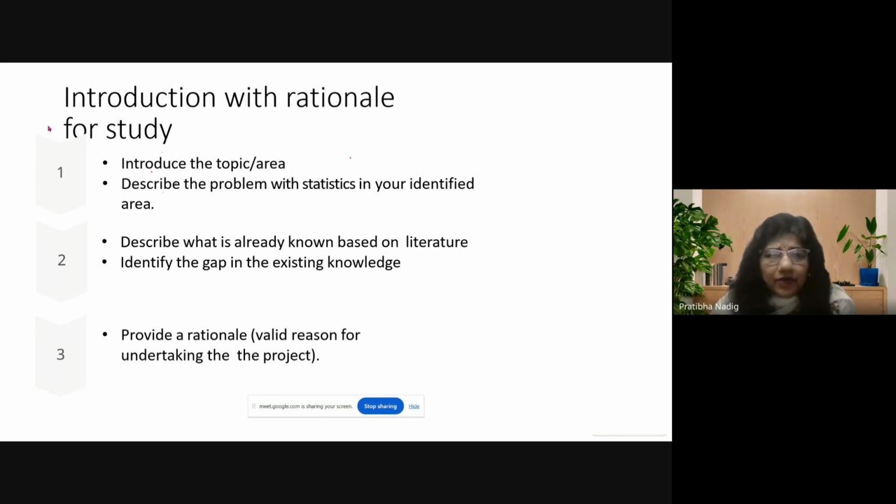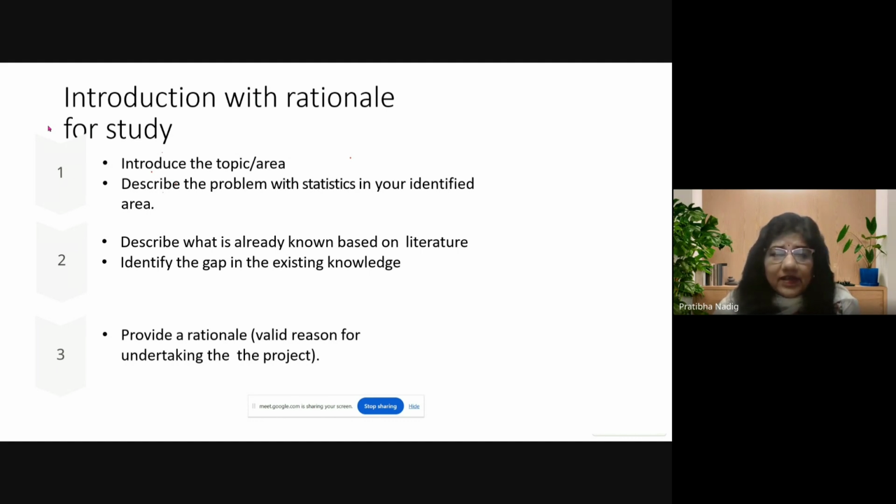But the way we introduce the topic, it should create interest in the person who is reviewing your proposal. Also, when you publish the same paper, it should go through in a stringent manner so that your paper gets easily accepted. So you introduce the topic, and describe the problem with statistics in your identified area.